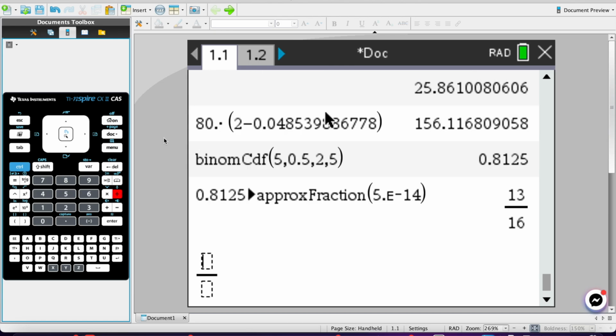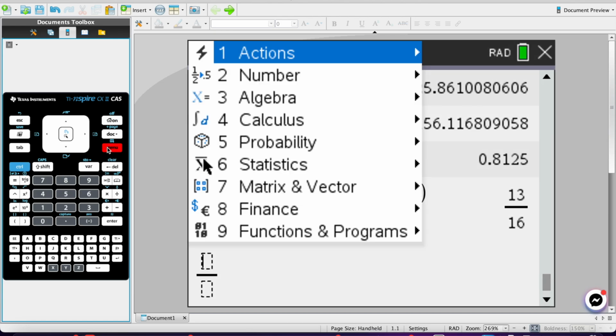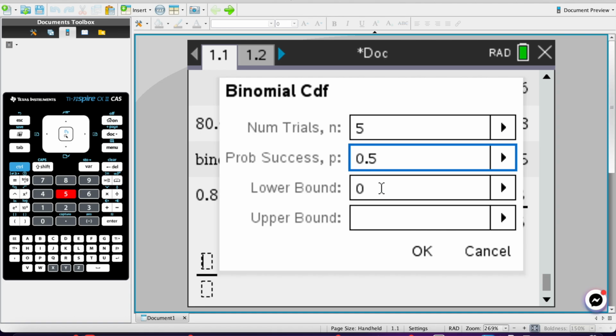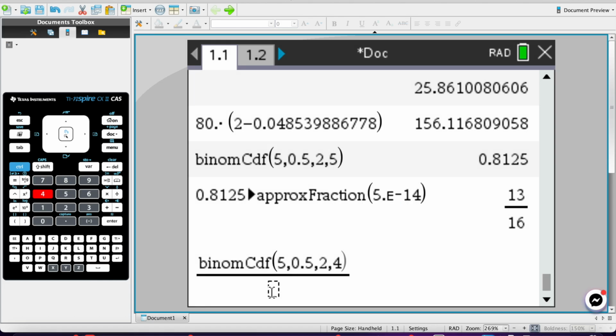We've got on the numerator, menu 55B, we've got 5 trials again, 0.5 again. Our lower bound was 2, our upper bound is 4. And on the denominator, we've got 5 trials, 0.5, but instead we're going from 0 to 4.